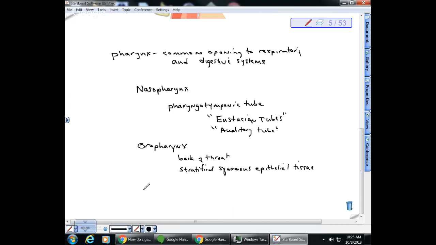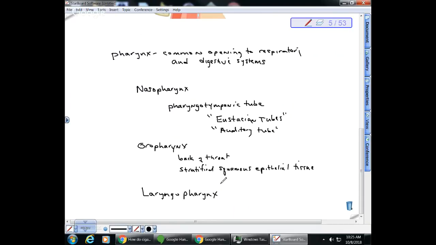Then moving down, we have the laryngopharynx. This refers to where it is going to switch from being the pharynx into going into the esophagus and then into the trachea.